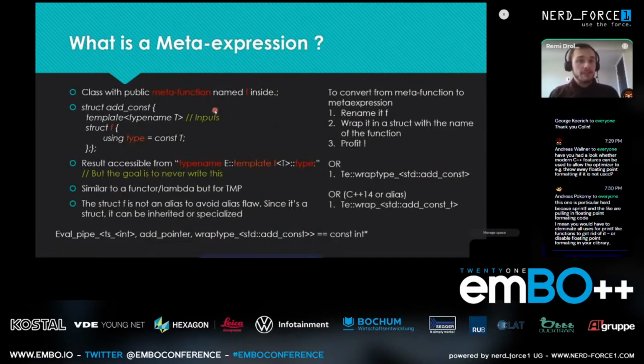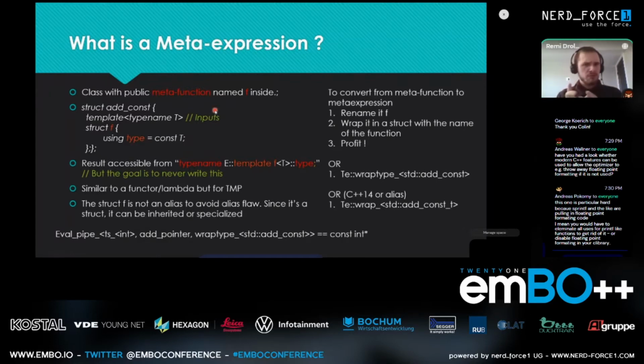So a meta expression, this is the thing I want to interact with. Kvasir has basically a meta closure, which is a template alias named f. MP11 has this same thing but with q, it's just named q.